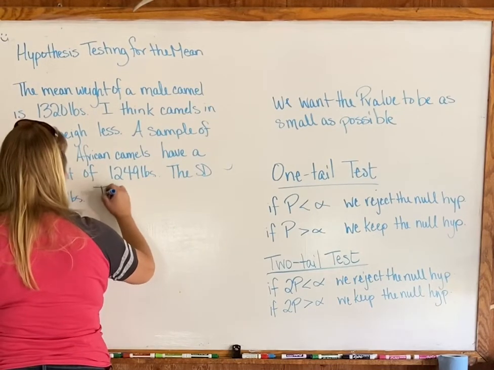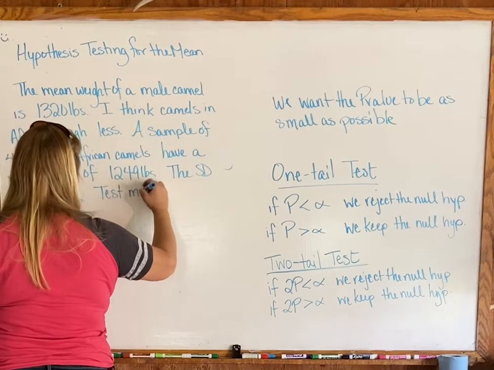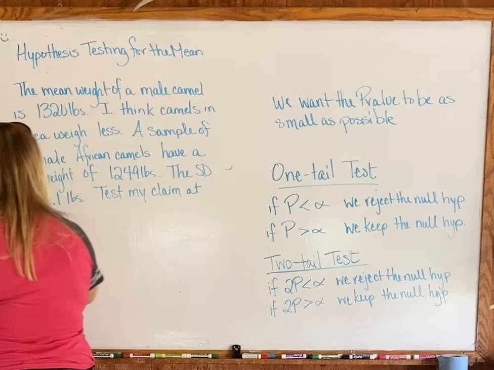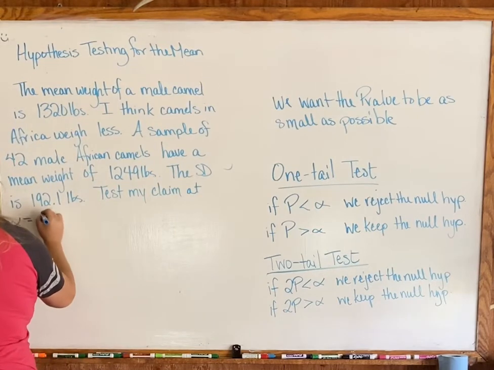Then it says test my claim at alpha equals 0.01.